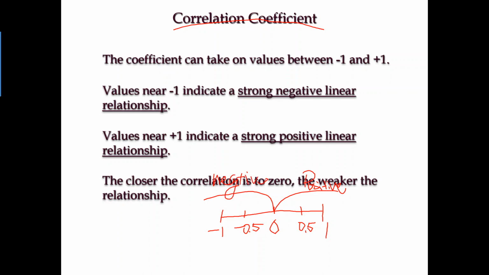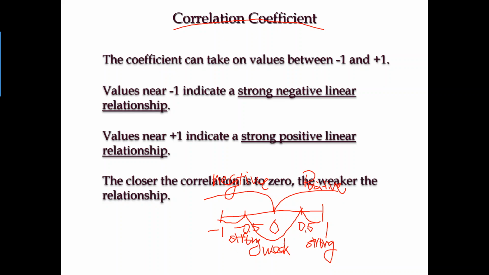After that, you look at whether the value is between -0.5 and +0.5. If so, that will be considered weak. If it's larger than 0.5 or smaller than -0.5, that will be considered strong. Sorry for my writing, I'm using my mouth.